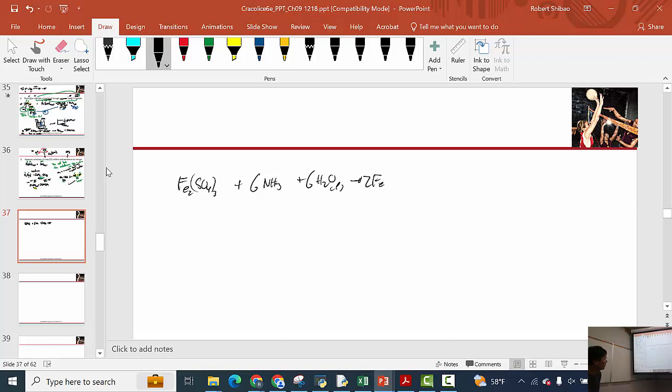This is going to make 2 iron 3 hydroxides, solid, plus 6 ammonium sulfates. This is the full formula or the complete equation here.